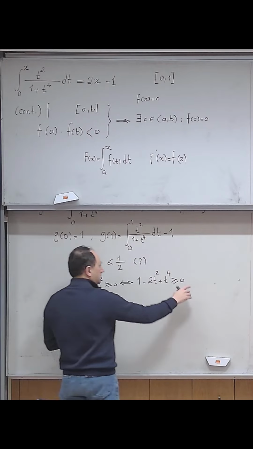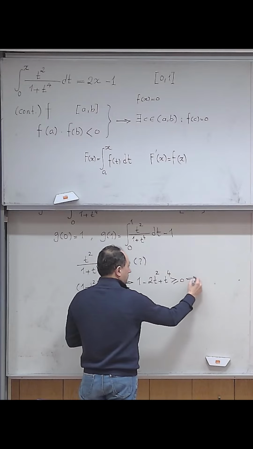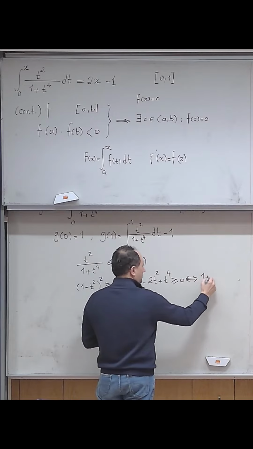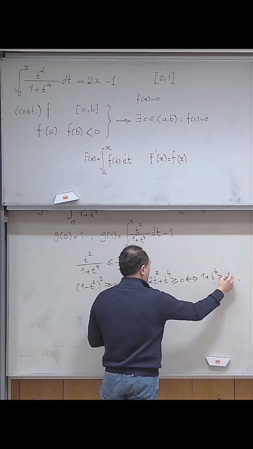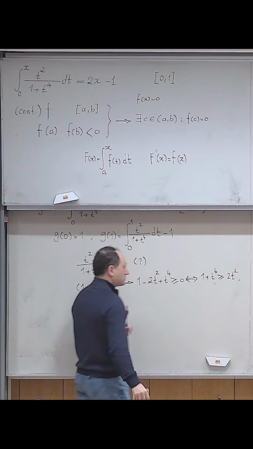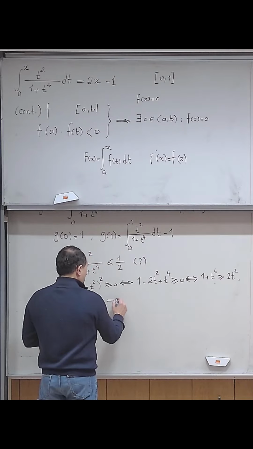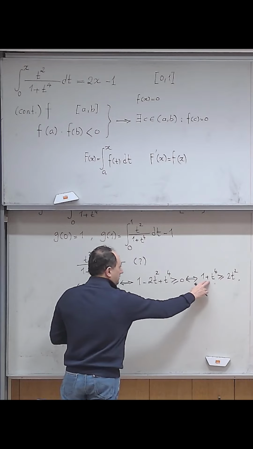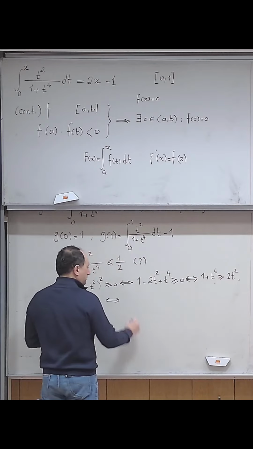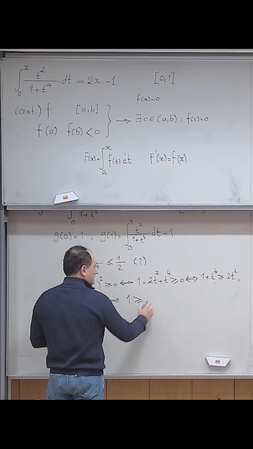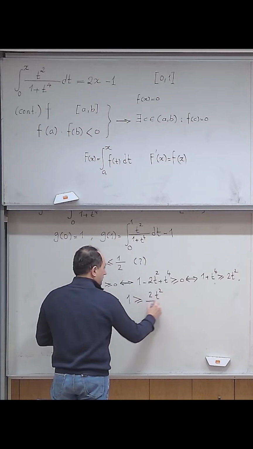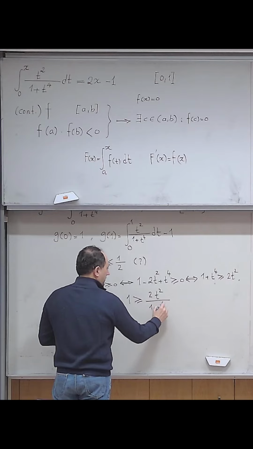I move this term to the right. So this is equivalent to saying that 1 plus t to the fourth is greater than or equal to 2t squared. And then you can see that this is also equivalent, if I divide everything by 1 plus t to the power of 4, to 1 being greater than or equal to 2t squared divided by 1 plus t to the power of 4.